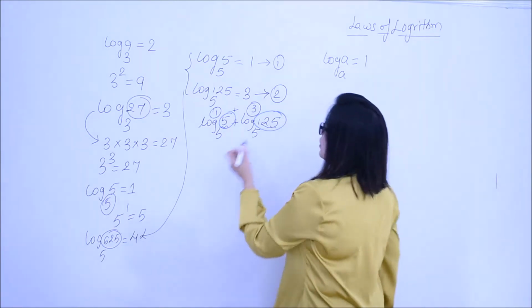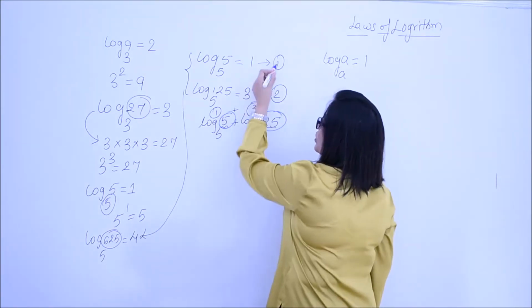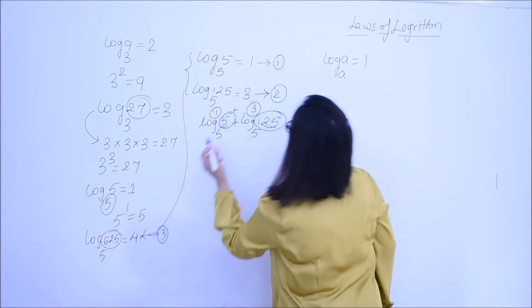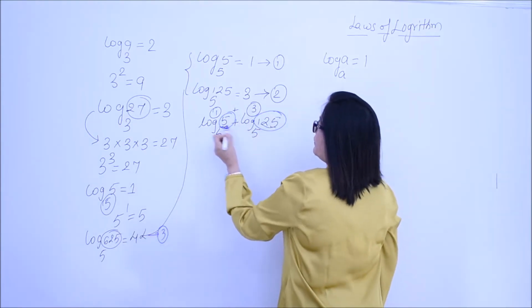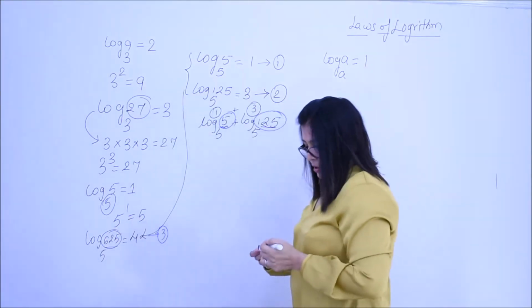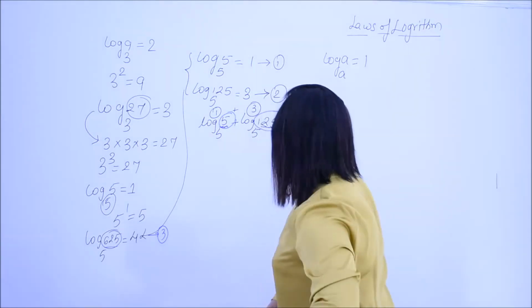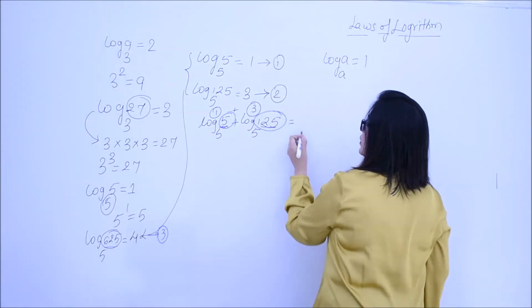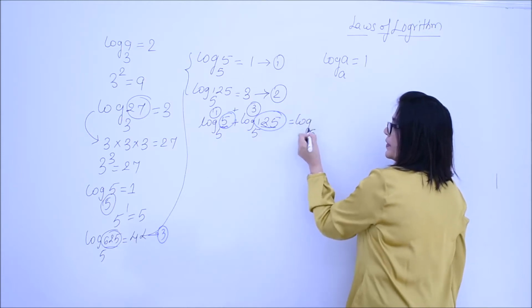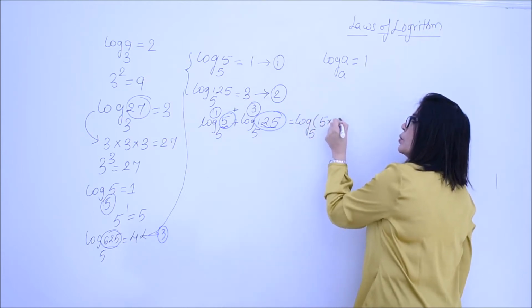So if I have to find out the relation between equation 1, 2 and equation 3, then I see that 5 into 125 gives me 625. So I can write down over here log to the base 5 of 5 into 125.